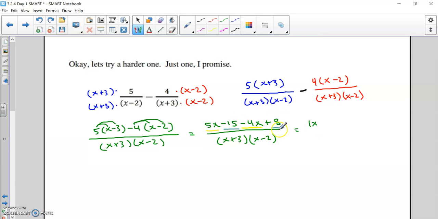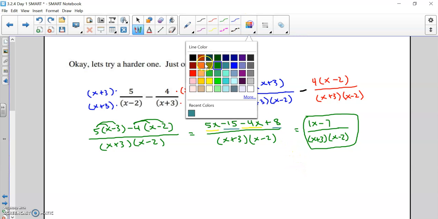Negative 15 plus 8 is going to give us negative 7. All right, and then we will end up on the bottom with the same denominator that we've been having for a while now, which is the common denominator that we chose. And this is going to be our final simplified answer.